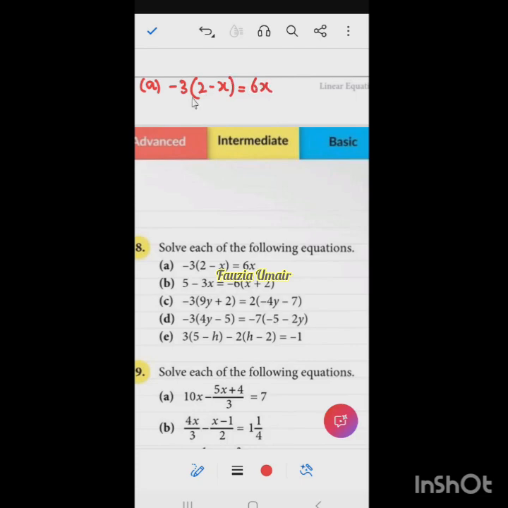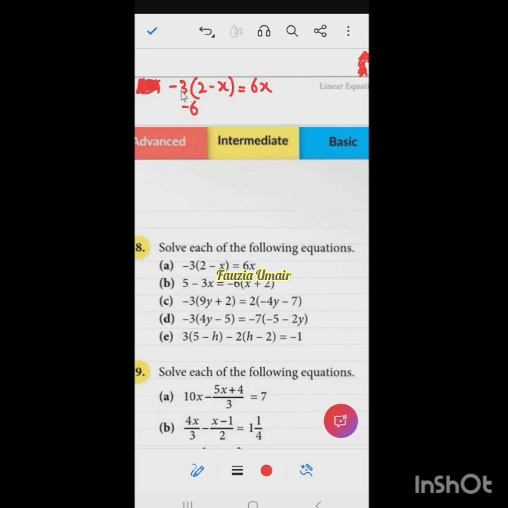All right. So when we expand, what will be the answer? There is minus 3. Like this, minus 3 into 2, minus 6.